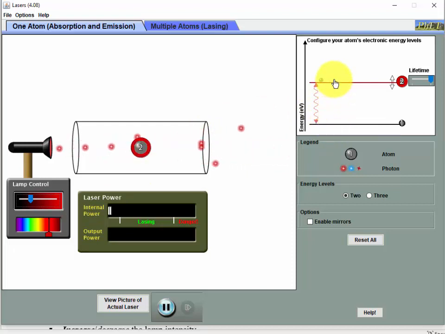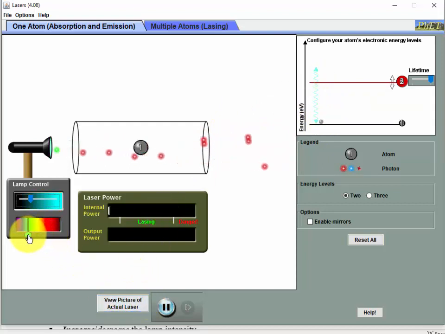It's going to jump the electron up to a higher state, and eventually the electron jumps down, and a photon is emitted. What we can do is mess around with the wavelength, and right now the wavelength is tuned to be just the right frequency such that absorption occurs.